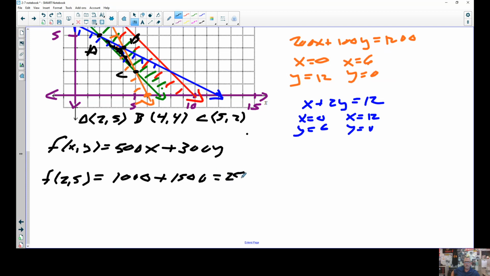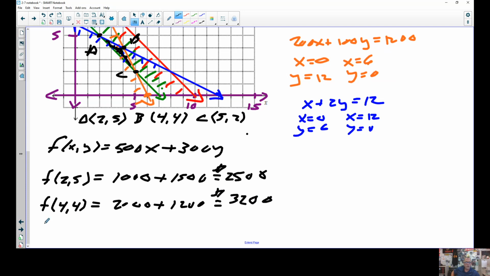So I get $2,500 profit from those acres if I do 2, 5. If I do 4, 4, I get 4 times 500 is 2,000. Plus 4 times 300 is 1,200. So I get a little bit more there. I get 3,200 in profit with 4, 4.